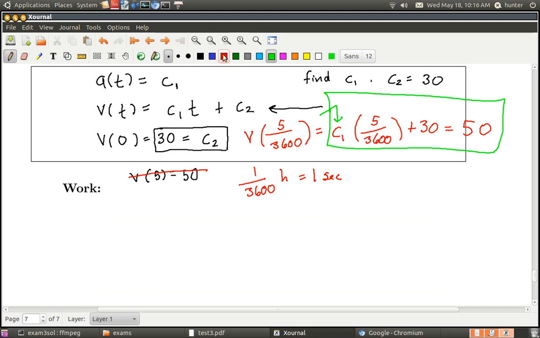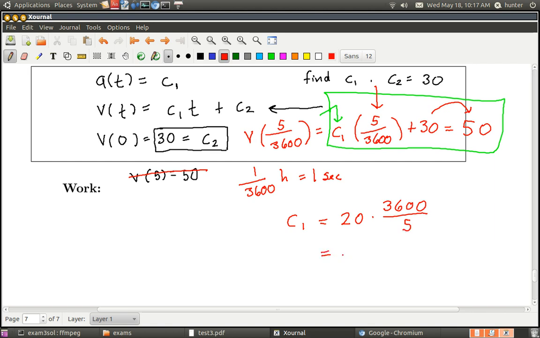So now I just solve for c1. Let me switch back to red. So c1 is equal to, what should I do here? I need to move 30 over to the other side, so that's going to make this 20. So it's 20 times the reciprocal of this thing, 3600 over 5. Maybe I won't even need a calculator.